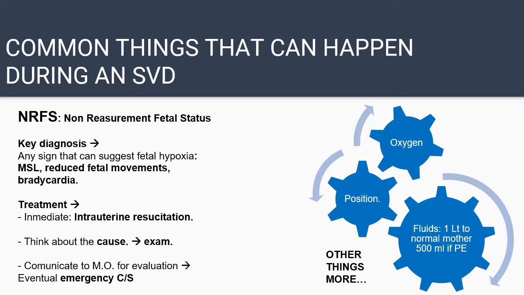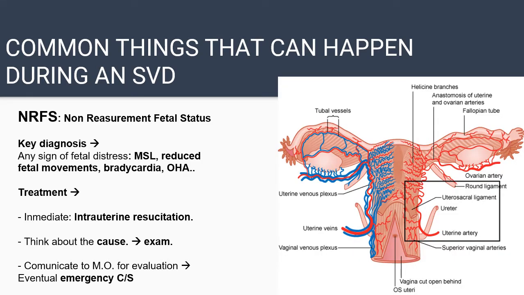And one of the most common causes of the lack of oxygen to the fetus is that the placenta is not getting the correct supply of blood. And why is this? Because here in the uterus, we have the uterine artery that you can see here.